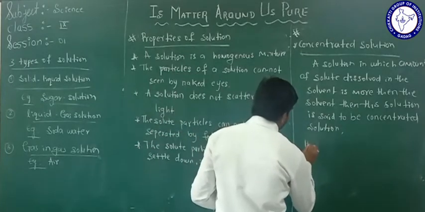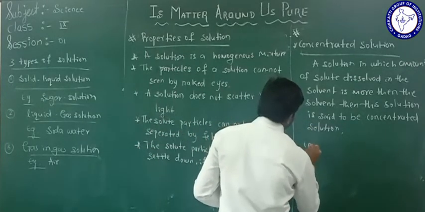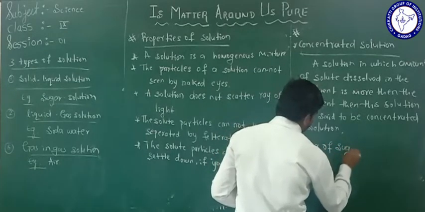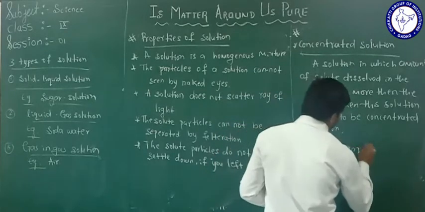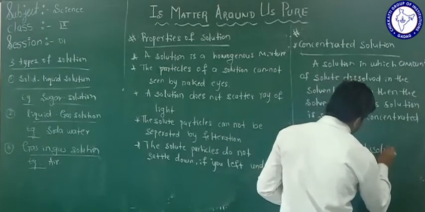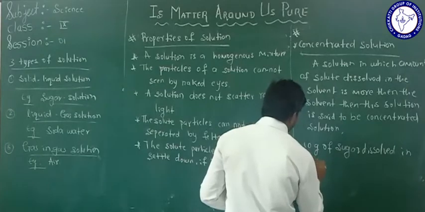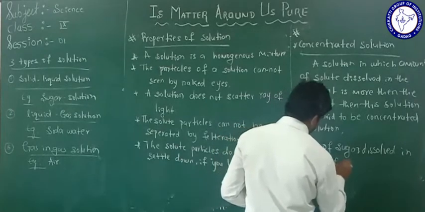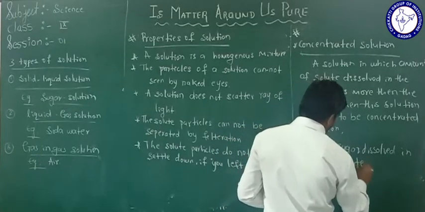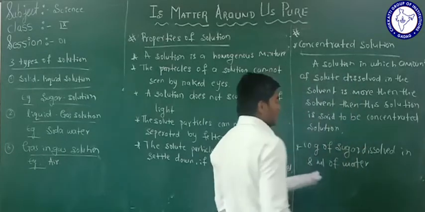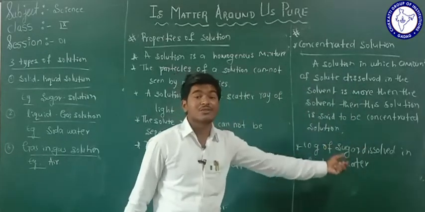If 10 grams of sugar is dissolved in 8 ml of water, then it is a concentrated sugar solution.